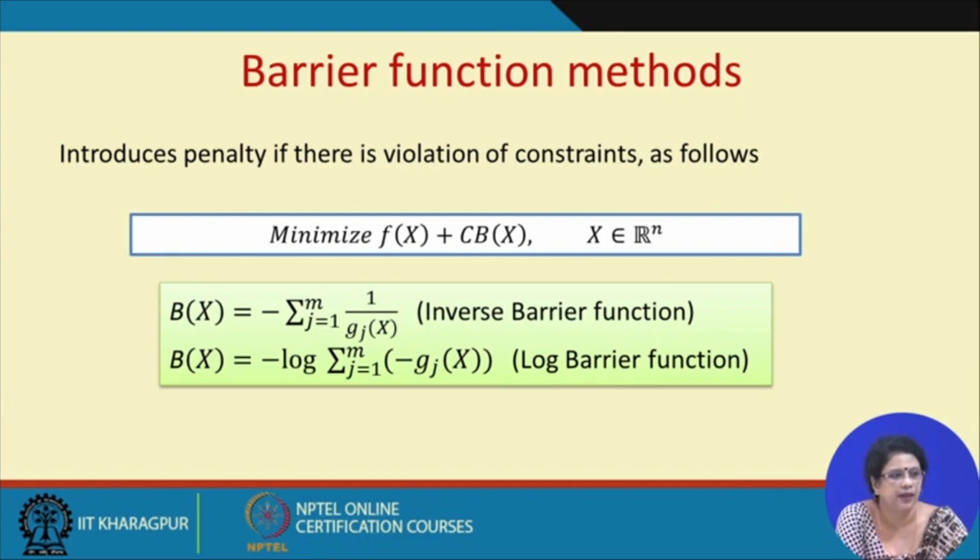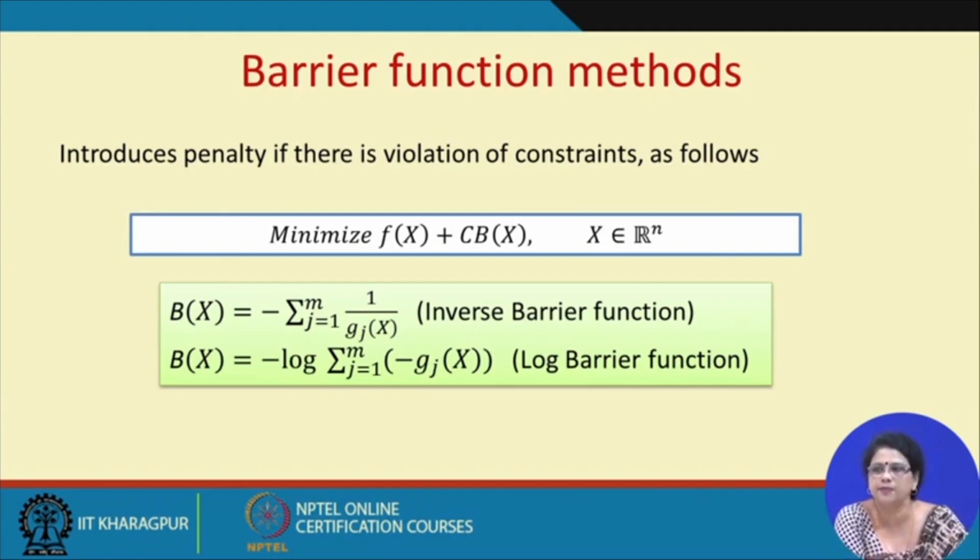Now, one barrier function can be considered as 1 by the constraint function. If we have one constraint function g(x), then the barrier function can be considered as minus 1 by g(x). You see, g(x) is always less than or equal to 0 in the general model we are considering. Our model is minimization of f(x) subject to g(x) less than or equal to 0.